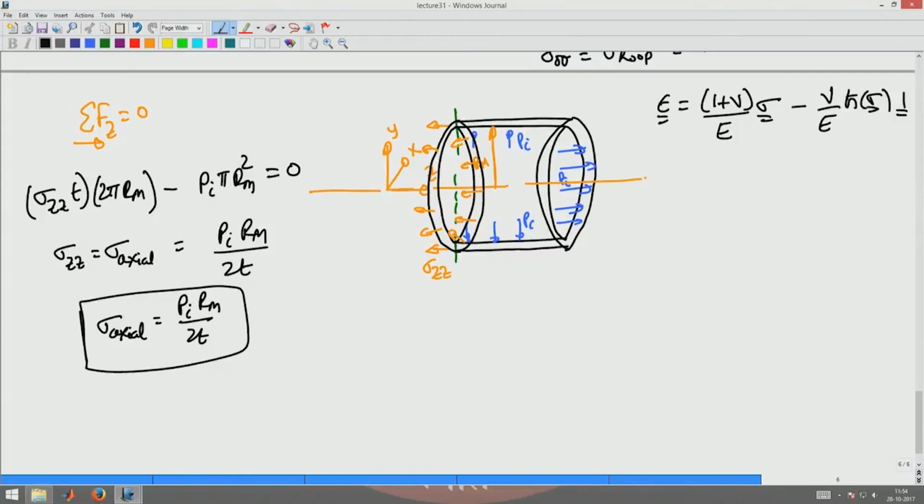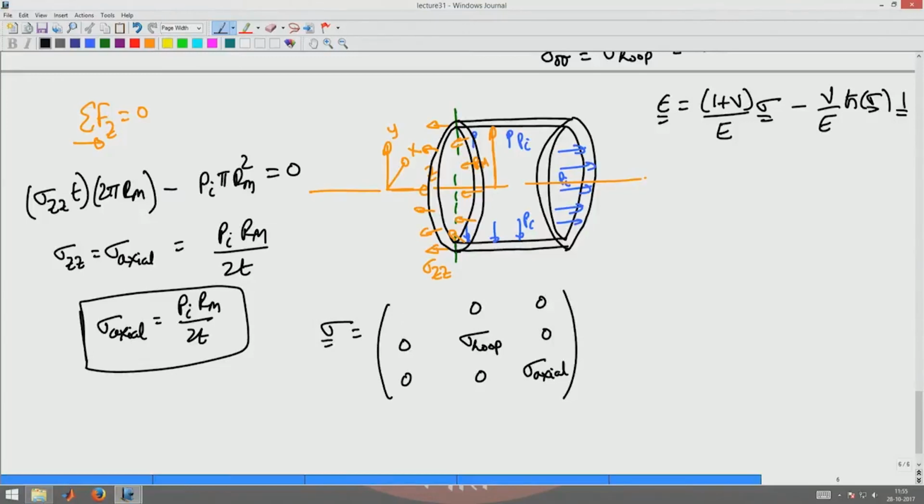What about the radial stress? The shear stresses are 0. So I know that this is 0, this is 0, this is 0, I know this is the hoop or circumferential stress, and sigma axial stress is what is here, sigma ZZ. What about the radial stress?